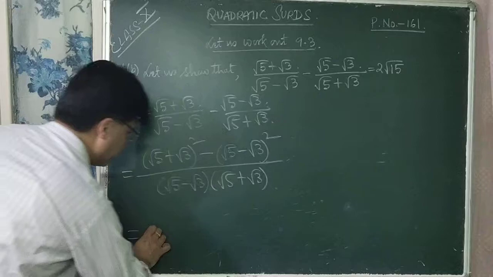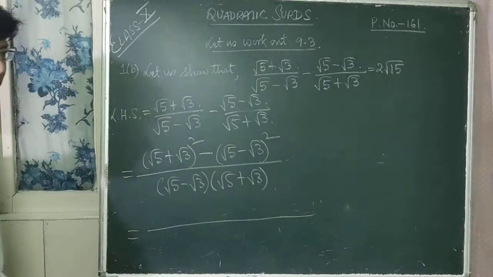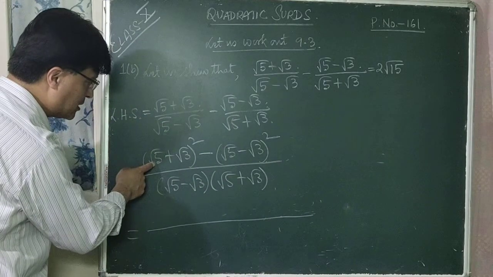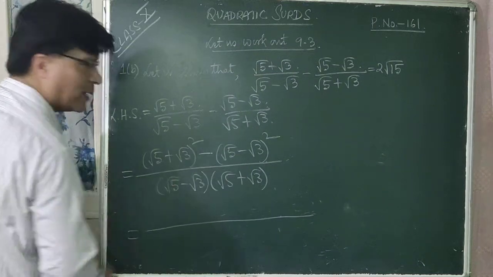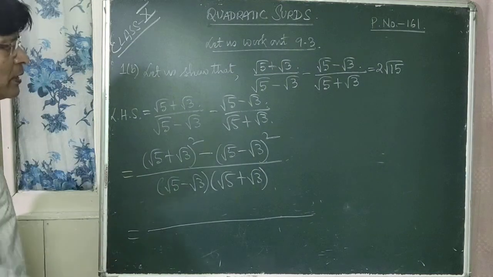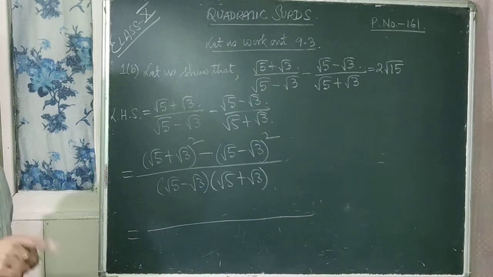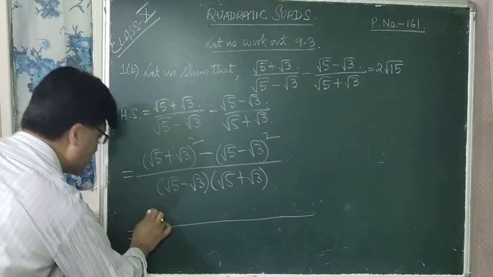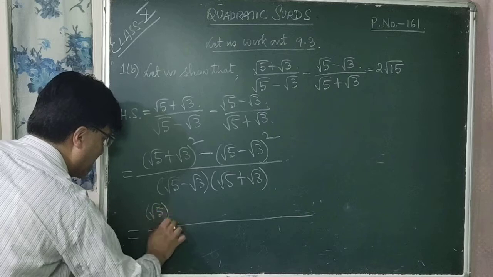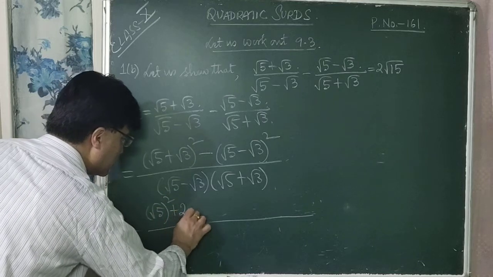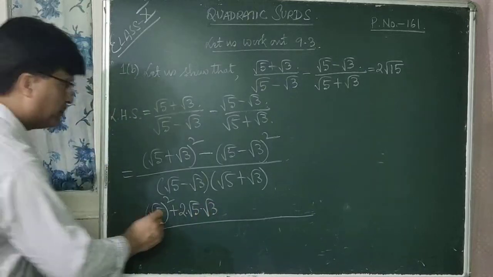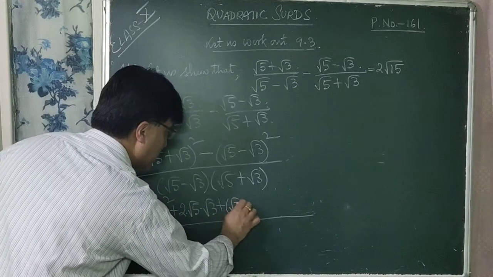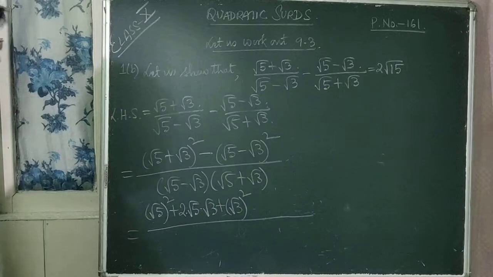Now you can simplify it further. In the numerator, what is the formula? This is a, this is b: root 5 is a, root 3 is b. A plus b whole square, isn't it? What is the formula? a square plus 2ab plus b whole square. What is a whole square here? Root 5 whole square, plus 2 into what is a, root 5, what is b, root 3, plus b whole square, it is root 3 whole square.